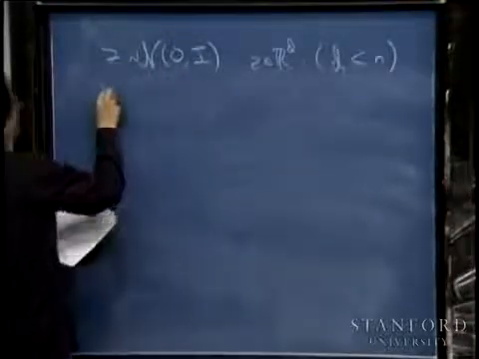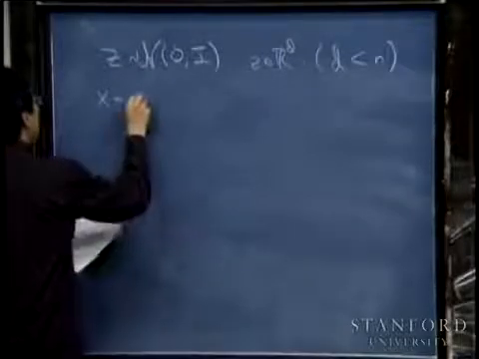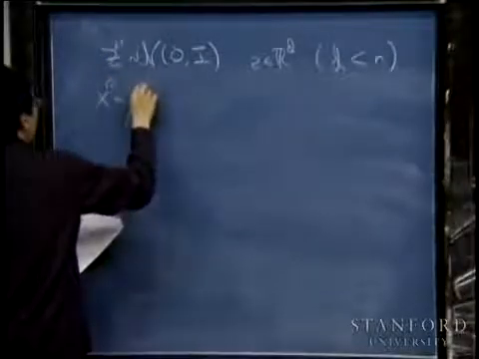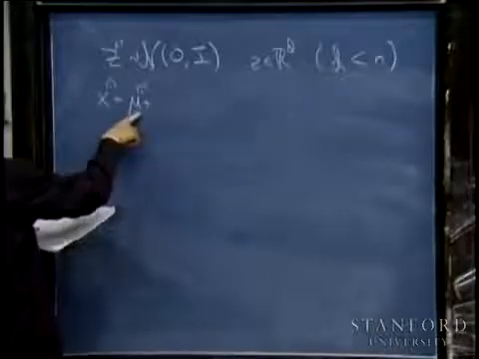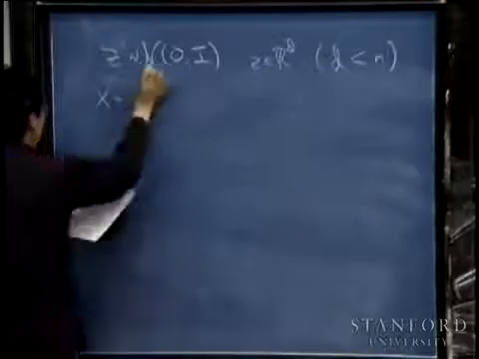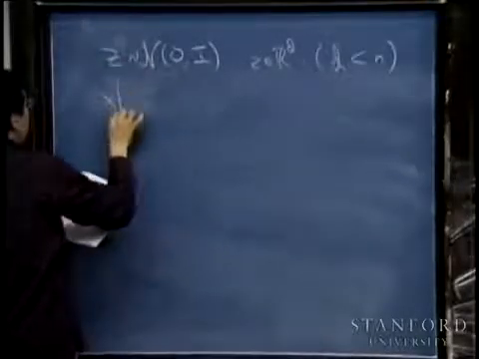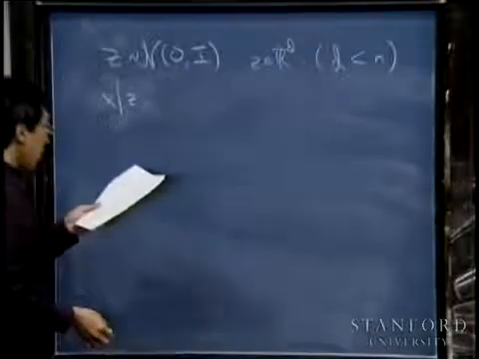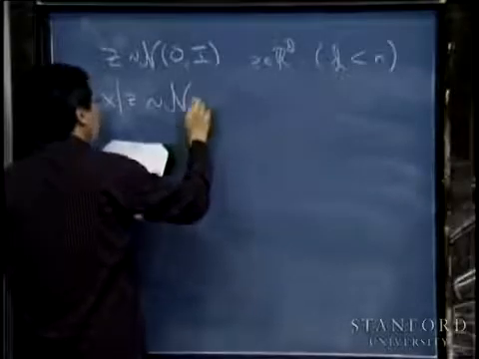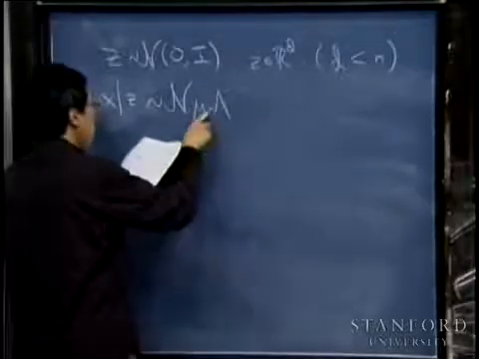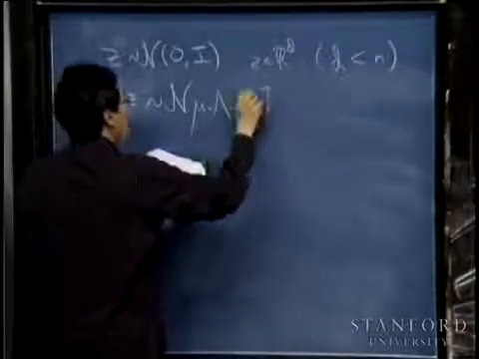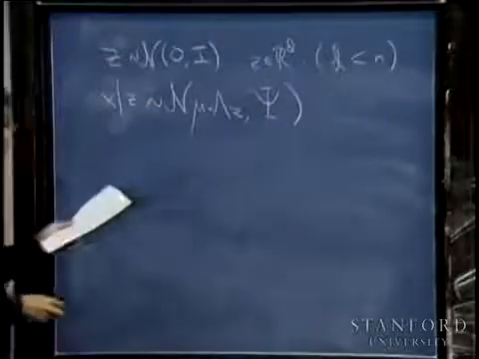And now I'm going to assume that, conditioned on the value of z, x is given by another Gaussian with mean given by mu plus lambda z and covariance given by a matrix psi.